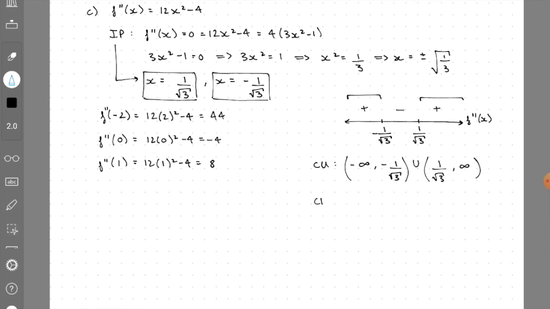And it's going to be concave down from negative 1 over square root of 3 to 1 over square root of 3. And that's going to be your answer for the third part. And that's it, you're done. And yeah, this is helpful to know how to draw graphs. So that will be probably the next video or in a few videos.